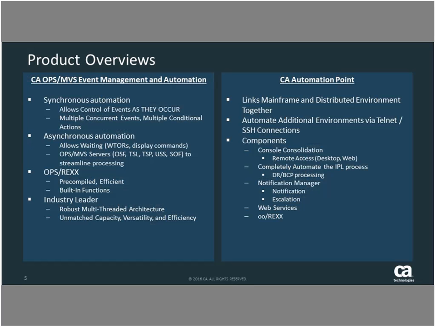Automation Point is very similar to Ops MVS, except it runs in a Windows environment, and it's used to bridge the gap between your mainframe automation and your distributed automation. It also runs the Rex programming language, so if you're familiar with coding Rex for Ops MVS, it will be a very easy, seamless transition over to Automation Point.